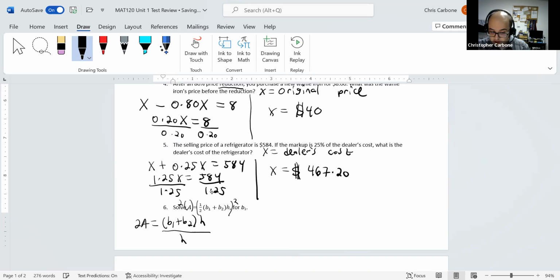We could divide by h. This would give us 2A over h is equal to b sub 1 plus b sub 2. And then finally subtracting b sub 2 will solve this. We would get b sub 1 is 2A over h minus b sub 2.